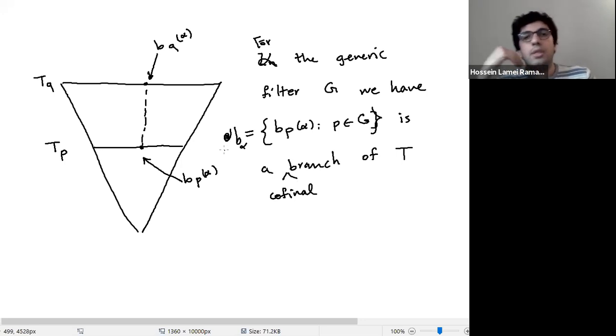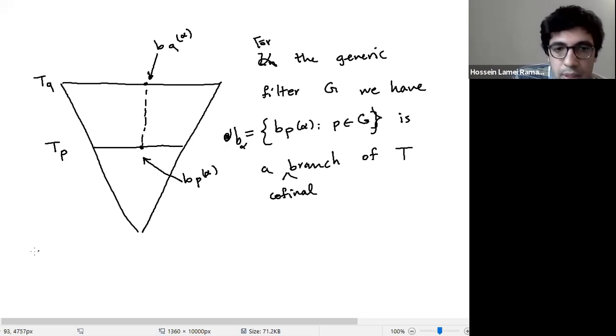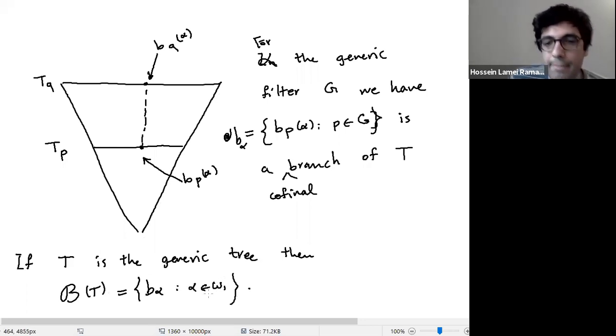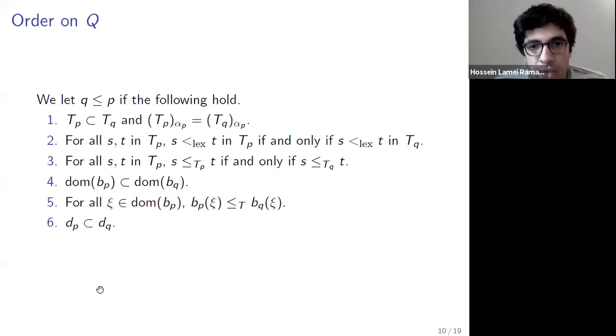And these are going to be the only branches of the tree. So we can also prove that if T is the generic tree for this filter, the set of all branches of T is the B alpha such that alpha is in omega 1. So we're not going to produce any extra branches that we have not predicted.